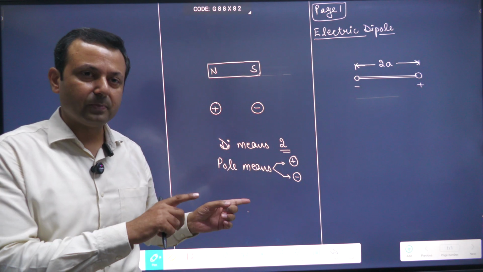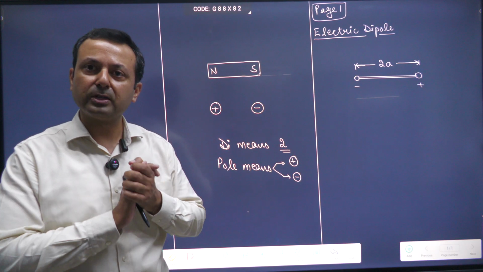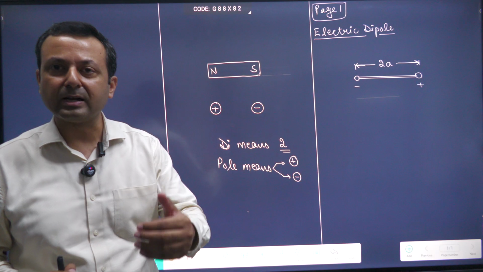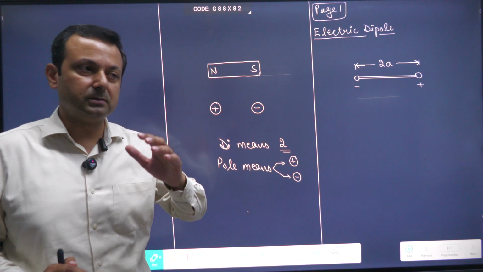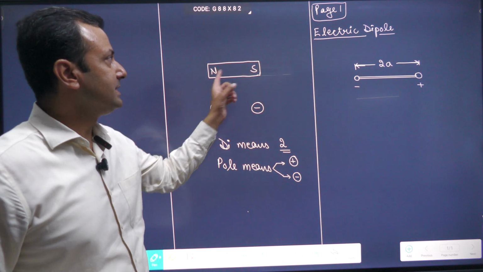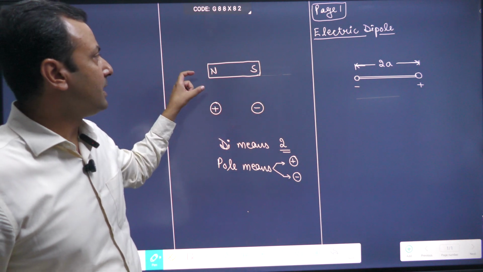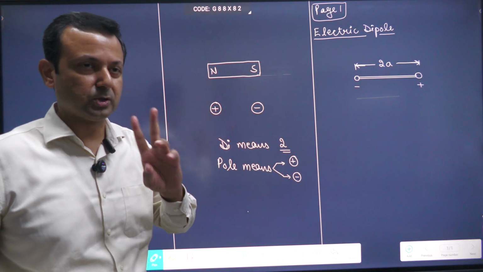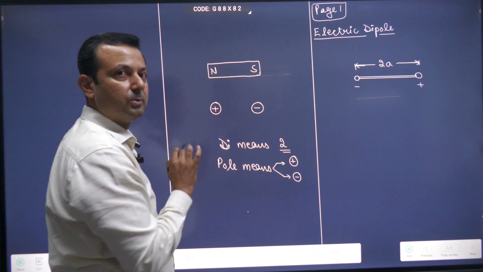So magnetism and electricity always go hand in hand, and that's why we call them electromagnetic radiations. A magnet is called a magnetic dipole, because a magnet always consists of two poles together, North Pole and South Pole.